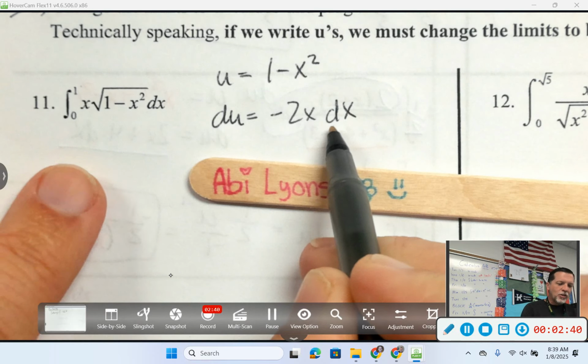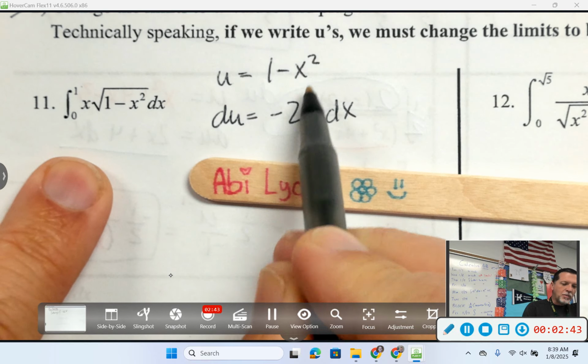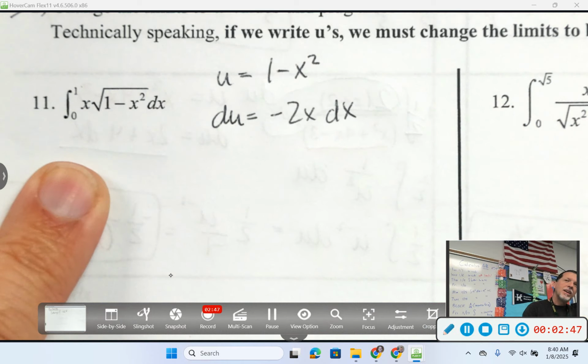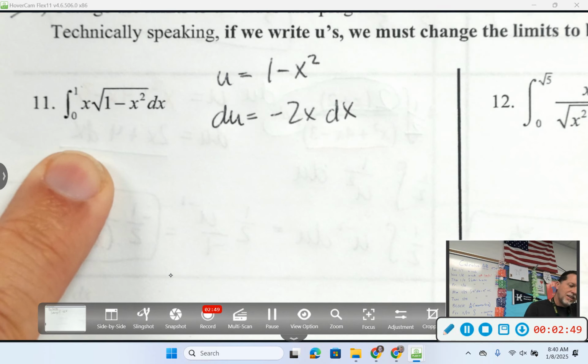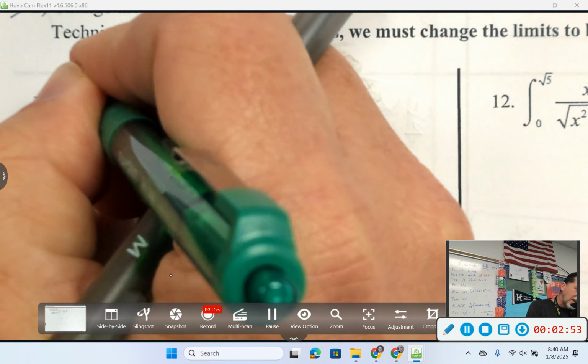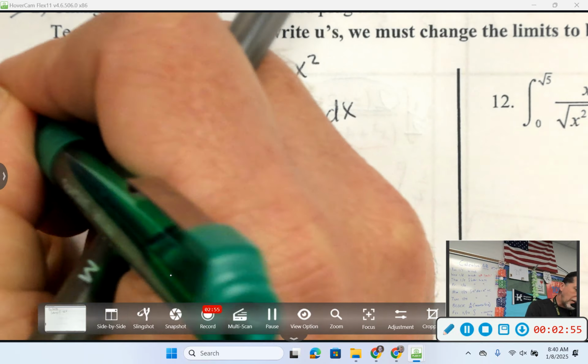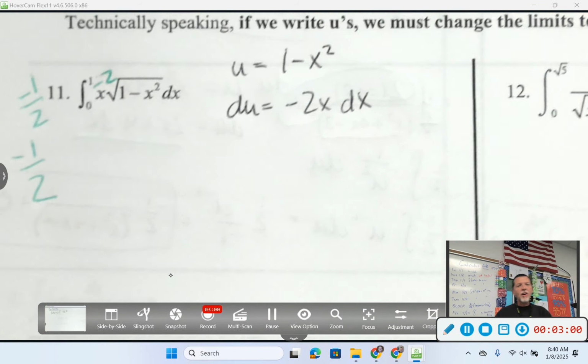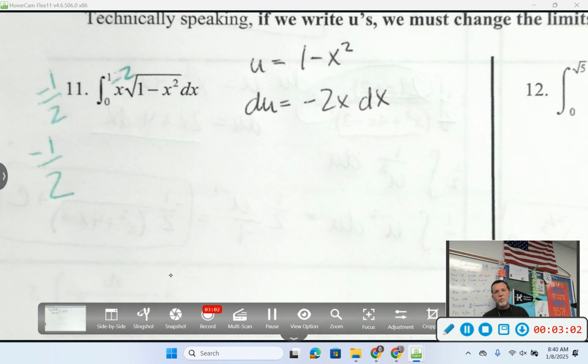Abby, is that good news? Like, does that mean Ben picked well? Yes. Yeah. Multiply by negative 2. Yep, I just need an extra negative 2 in there. And that means I need a negative 1/2 out front. But that's an easy fix. It's just off by a coefficient. No problem, we can fix that.